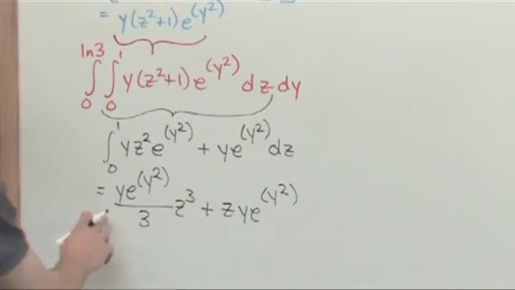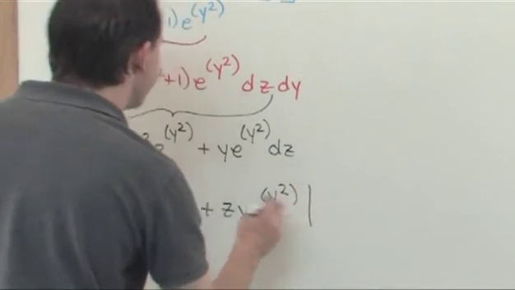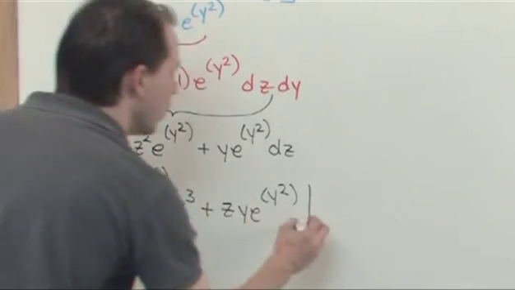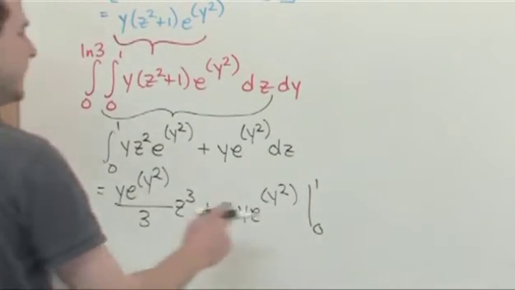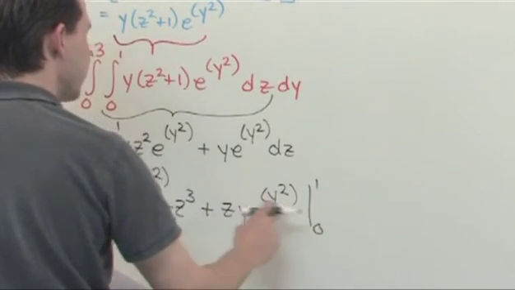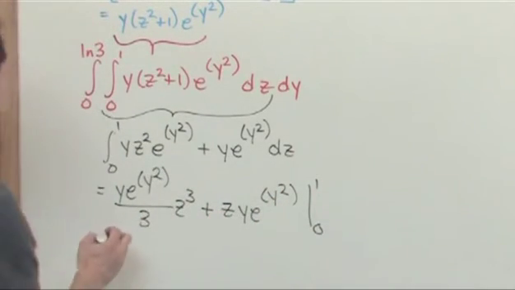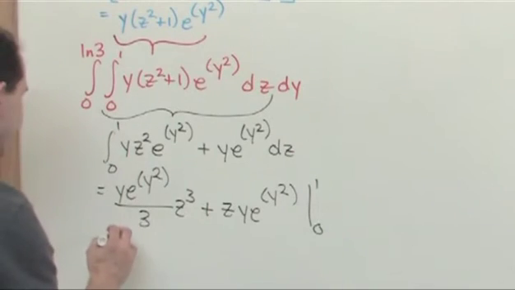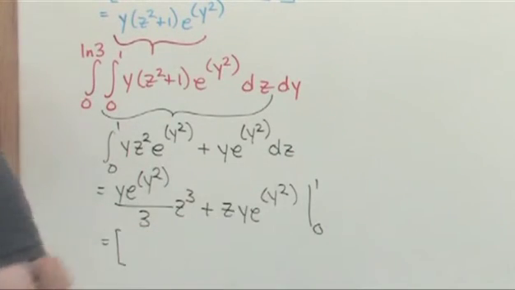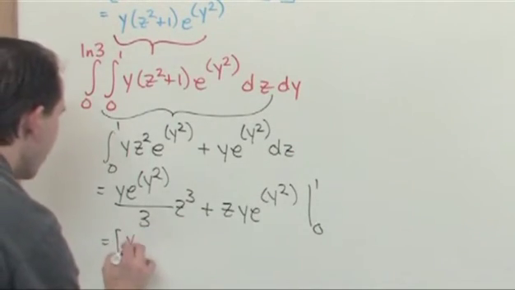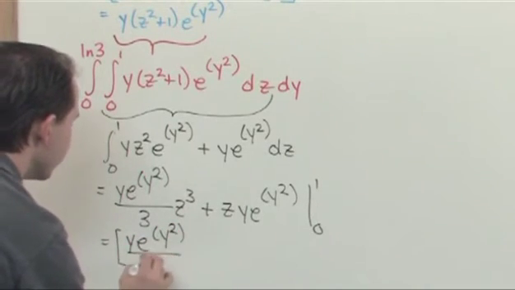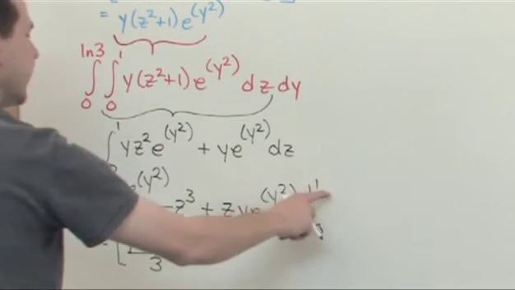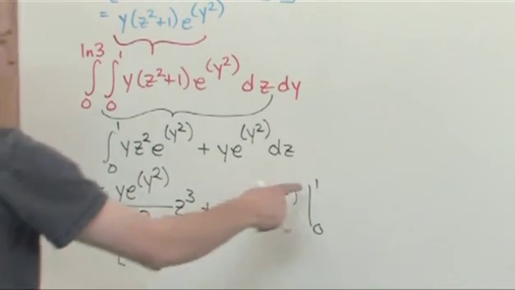So what I need to do is take this expression and evaluate it from the limits of integration here, which is 0 and 1. And you'll see it's not too big of a deal to do that. You've integrated along z, so the limits of integration that you have are going to be plugged into the z values here. So what you'll have, starting here with the first bracket, plugging in the top limit of integration, is y e to the y squared over 3, and then plugging in a 1, you'll just have 1 cubed.